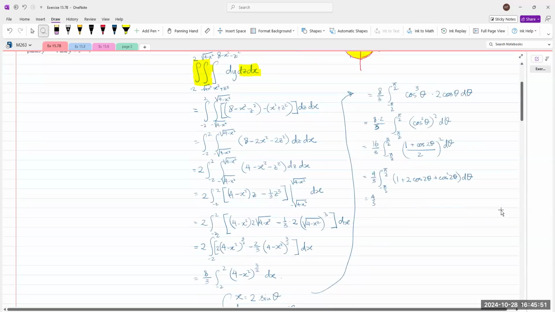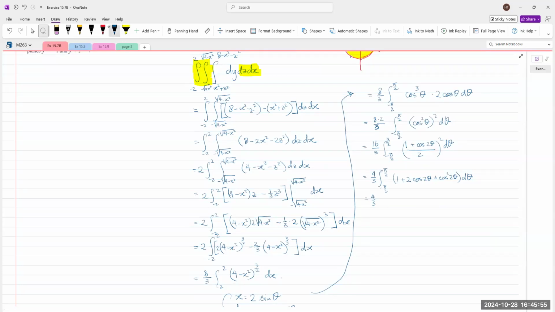So this will be pi, the integral of 1 from negative pi over 2 to pi over 2. That's pi. Plus, how about cosine 2 theta?